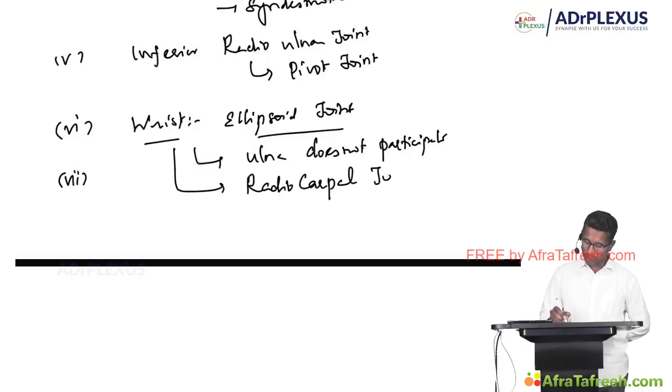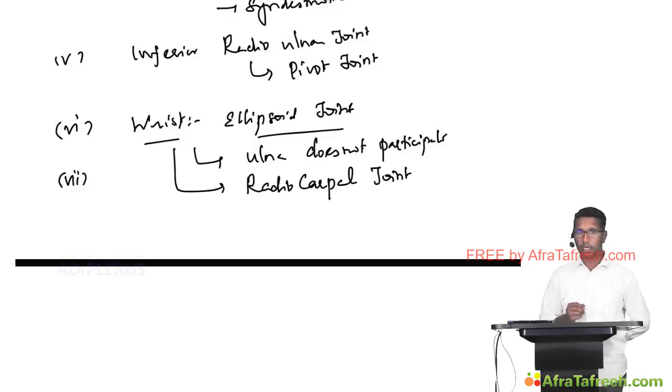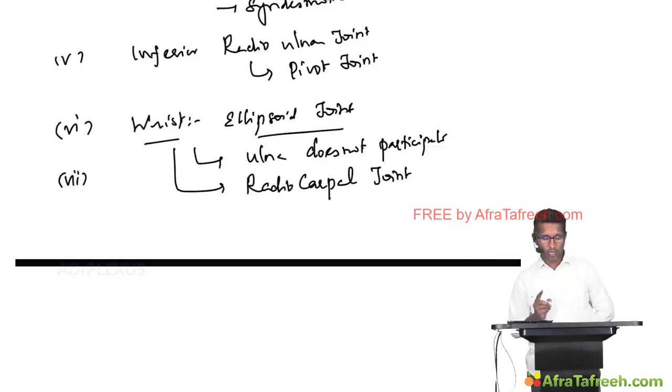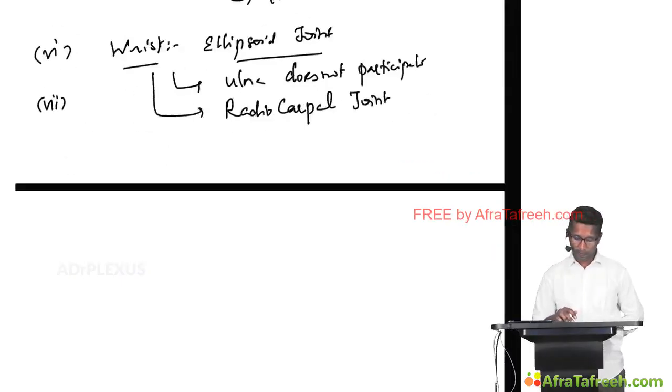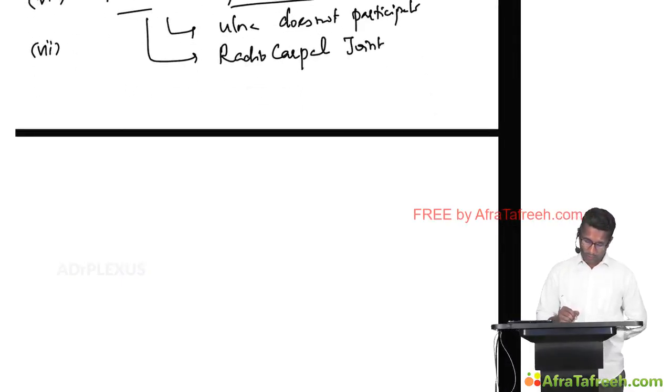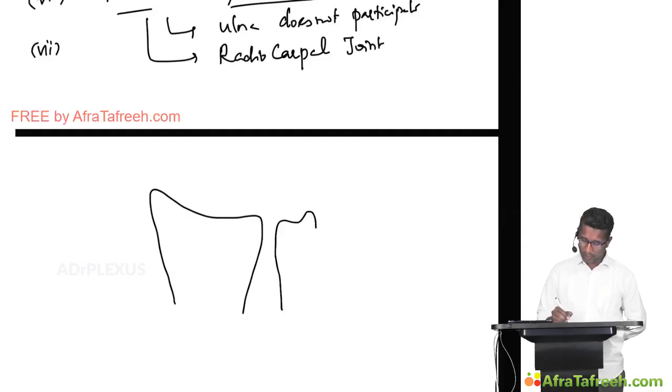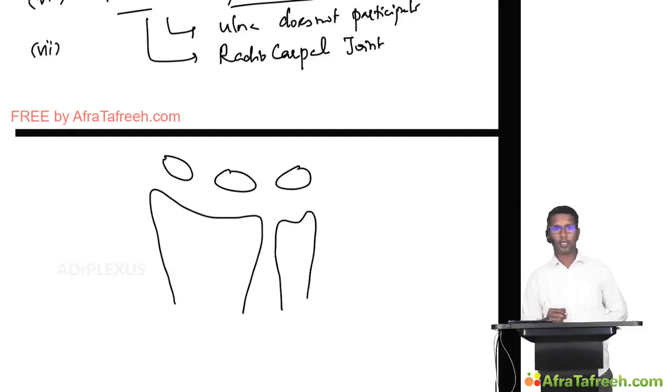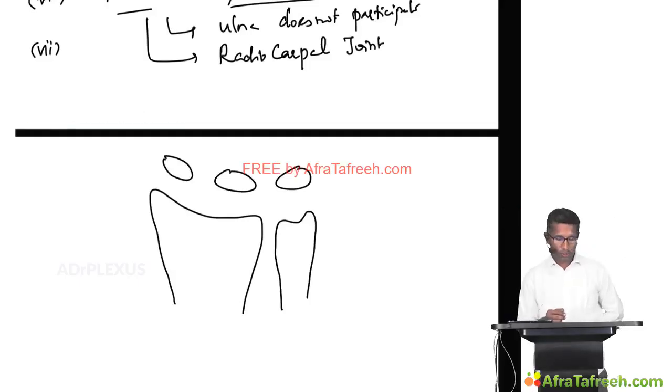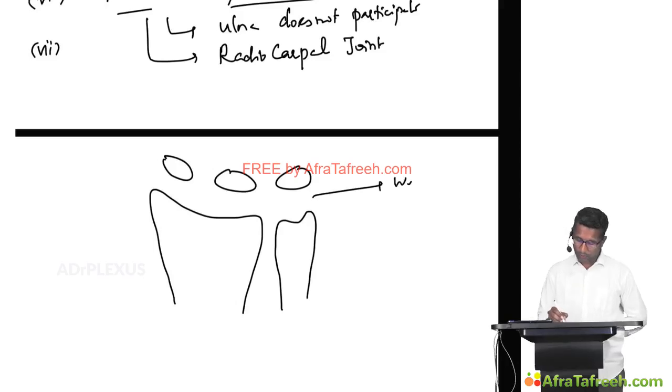It is called the radiocarpal joint because the ulna does not participate in the joint. If you see the distal radius and the distal ulna, the joint between the proximal row of carpal bones and the radius is called the radiocarpal joint. So this is the wrist joint.